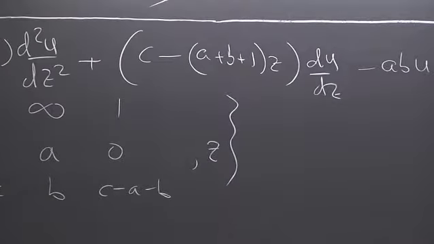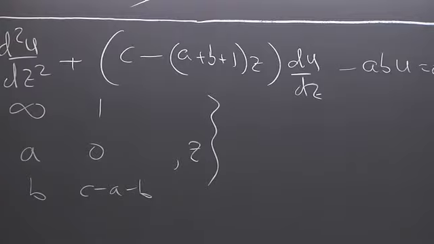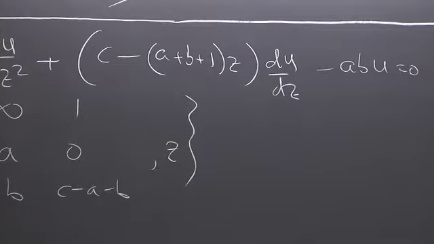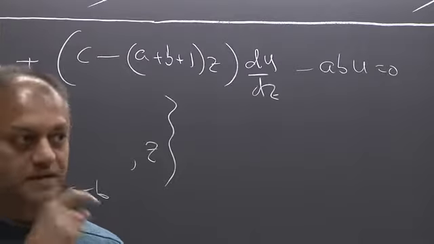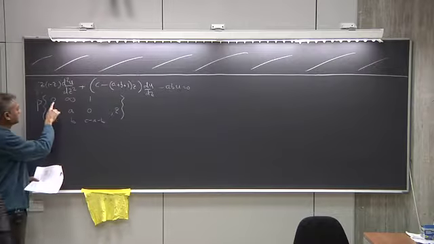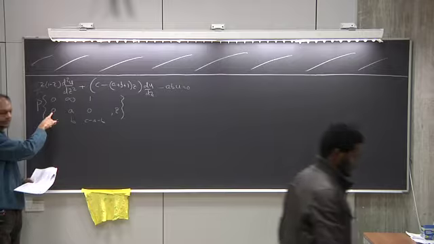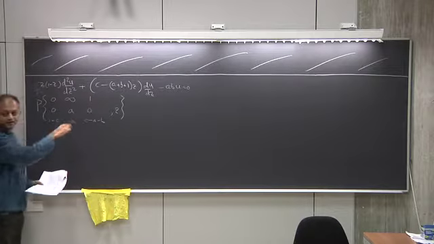Then we said, looking at this, we see that there is one solution, if you make a power series expansion, which is analytic at z equal to 0. Similarly, there is one solution which is analytic at z equal to 1.